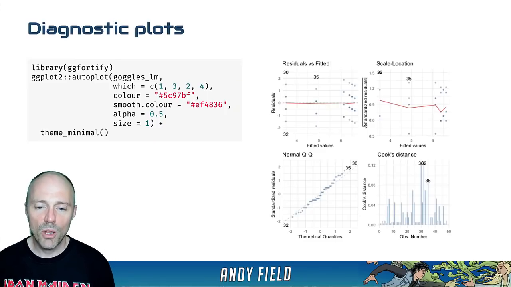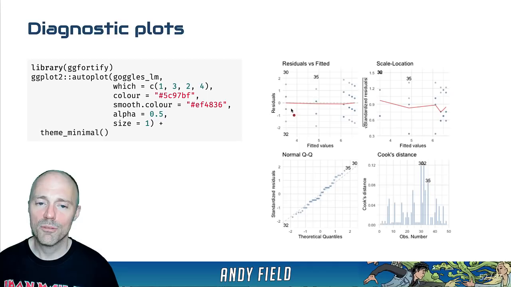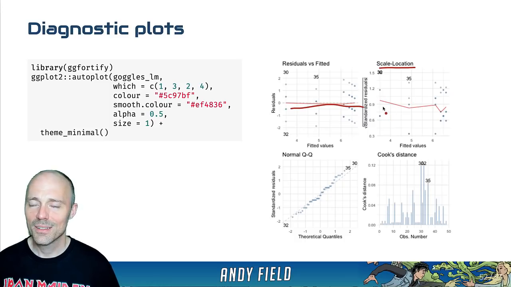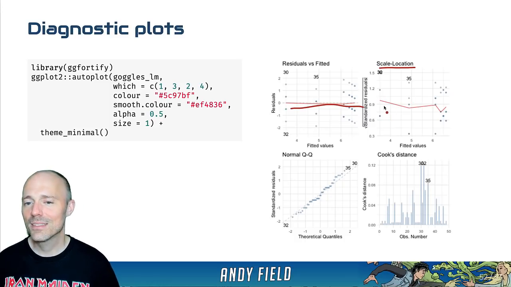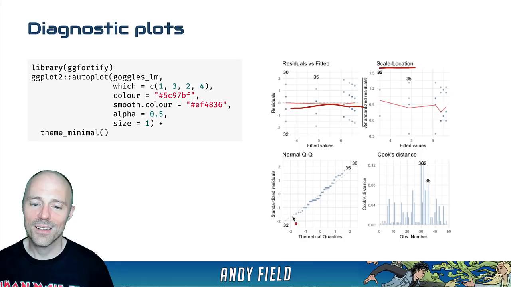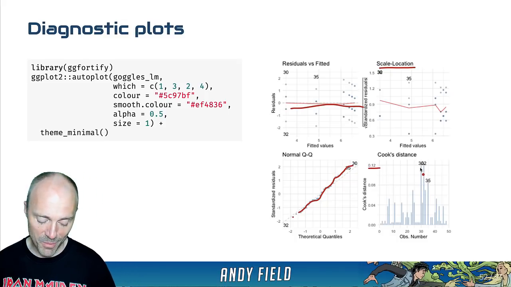Again, we can look at diagnostic plots, and the basic message here is, if we look at our residual plots, we've got a lovely flat line there, which looks like there's no problem with heteroscedasticity. On the plot up here, which is more sensitive to heteroscedasticity, it's still looking reasonably flat. It's flat enough. Again, our residuals look fairly normally distributed. All these dots are clustering quite closely around the line. Our Cook's distances are all well below 1, so it basically looks like a fairly unproblematic model.